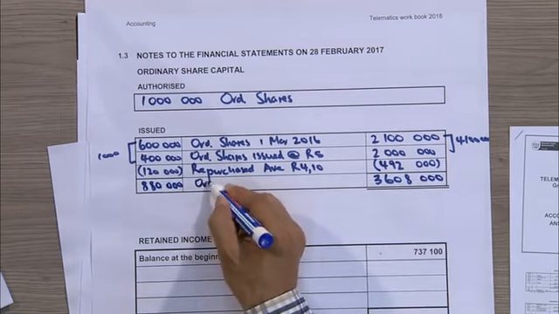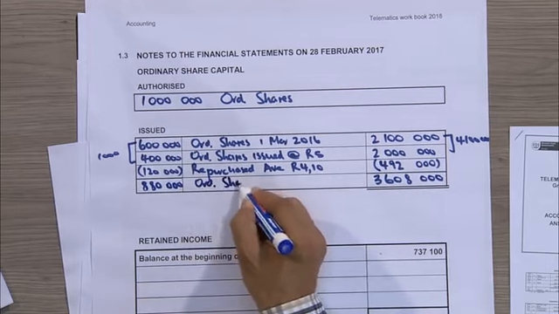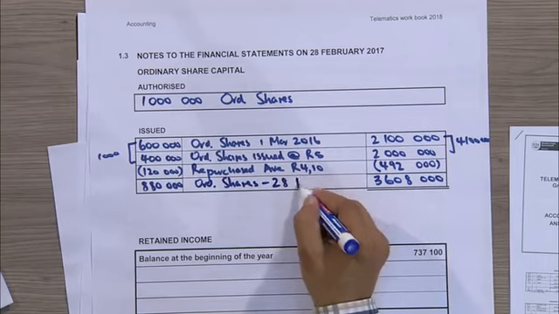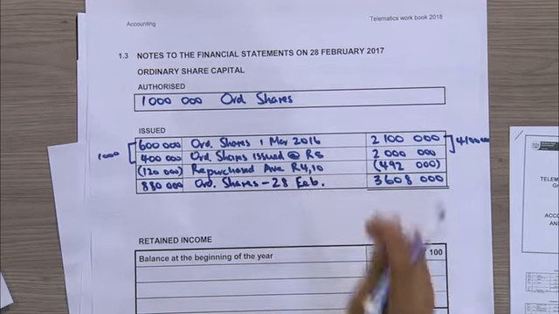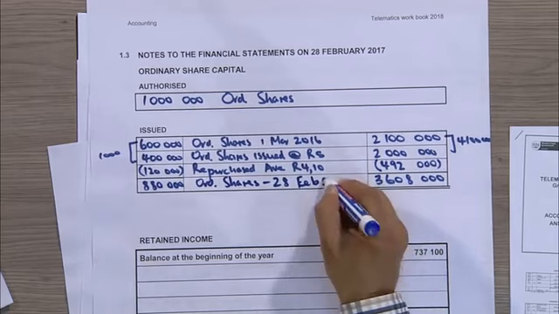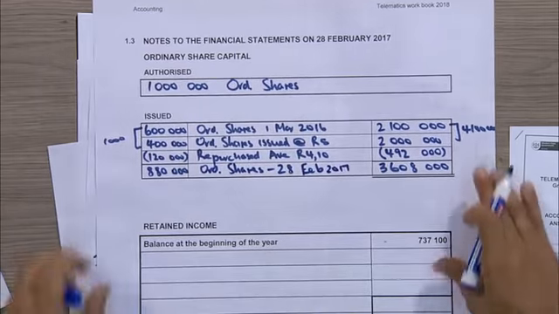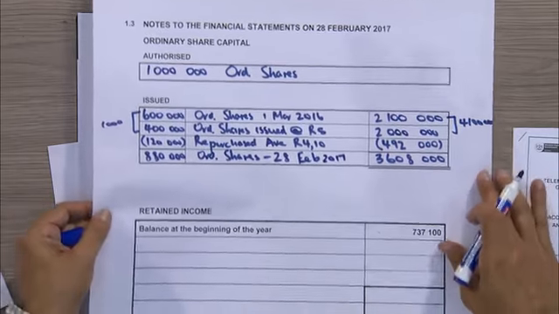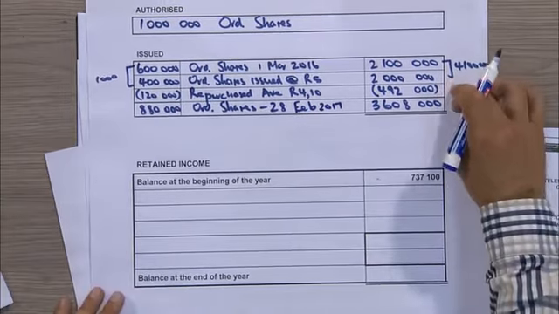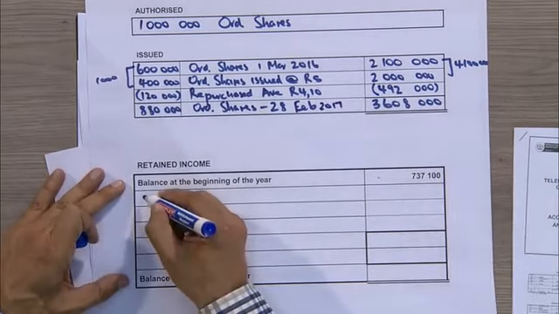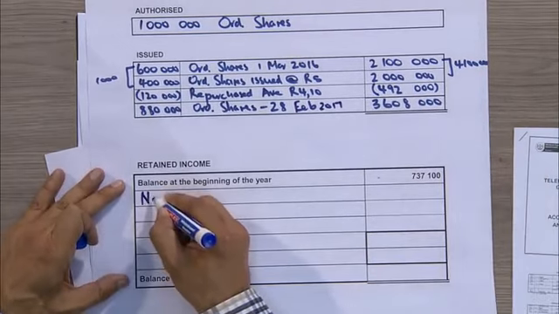So this is just ordinary shares on the 28th, which is obviously 2017. That is the same as the ordinary share capital, except this one is slightly different. Let's fill this in quickly.